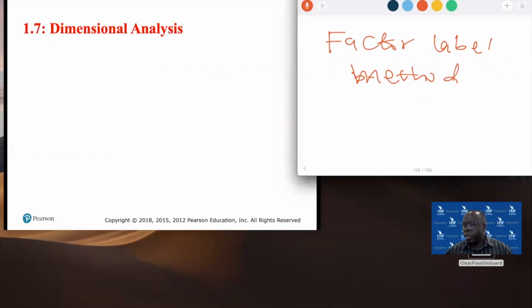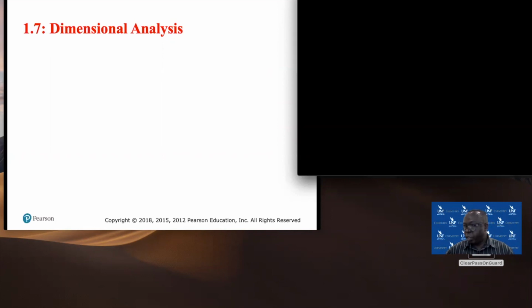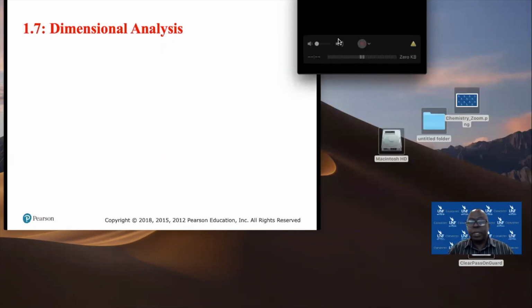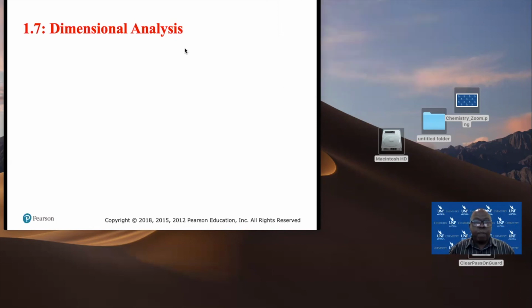For example, if you are given an equivalent statement that 1 inch equals 2.54 centimeters, this is an equivalent statement.